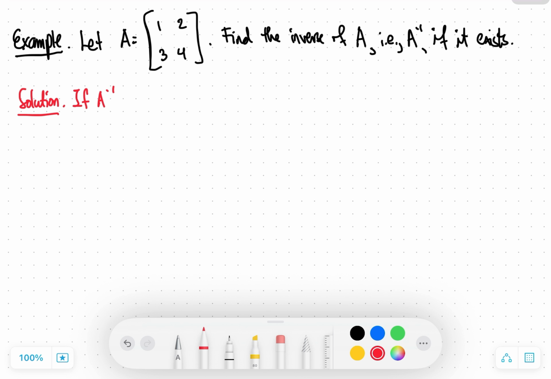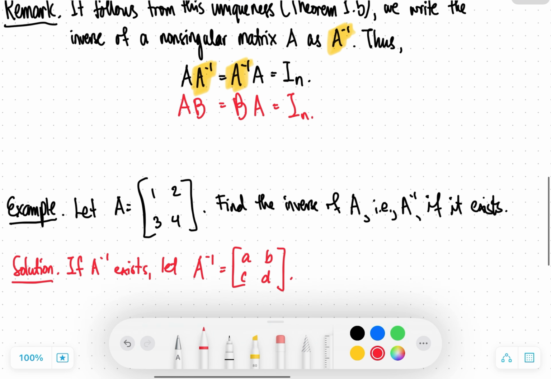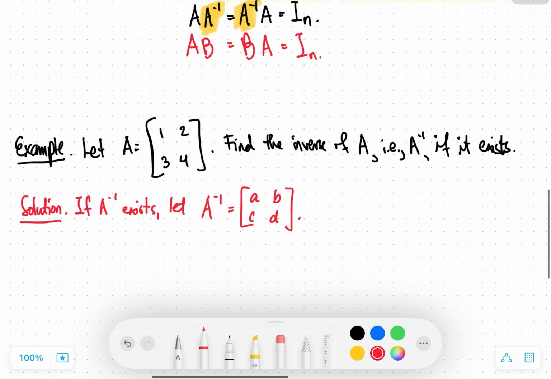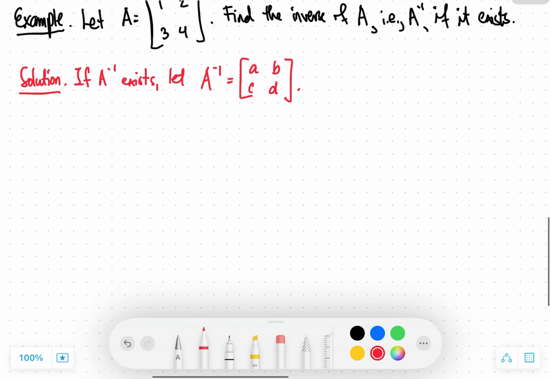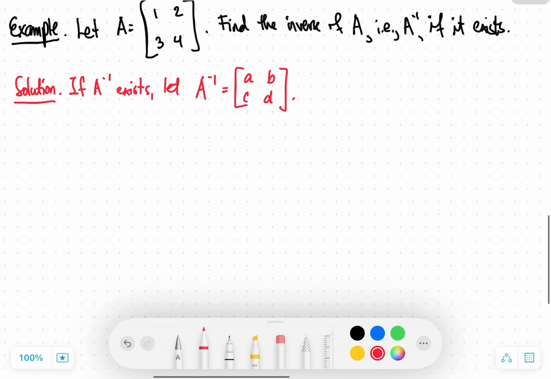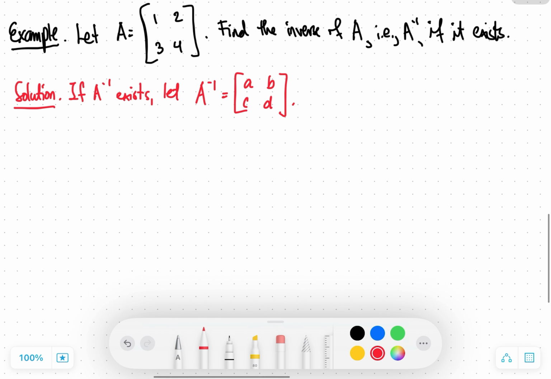If A inverse exists, of course we're expecting a 2 by 2 matrix, so it would be in the form of a, b, c, d. That's straightforward. And since we know that A times A inverse is equal to A inverse times A, which is equal to I sub n, we can use that to our advantage to find the inverse of A if ever it exists.